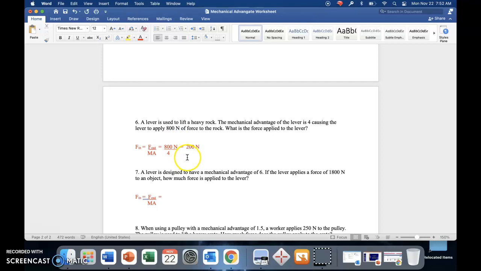That weighs 800 newtons. Again, if we read through here how much force is applied to the lever, that's a force in problem, so we're doing exactly the same type of problem here. So we read through our problem, and we see that the lever is doing 1800 newtons of force, and you have a mechanical advantage of 6.